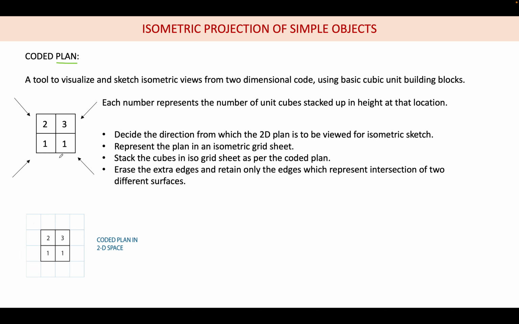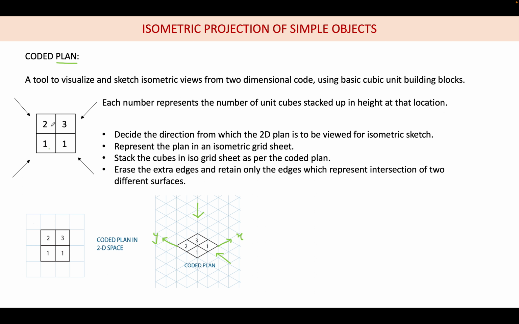So for example, this is my plan in iso projection. In this case I am assuming this is my x and this is my y, and the viewing is like this, front and top. So from the top, if I see 2 3 1 1, I will write it as 1 2 3 1.